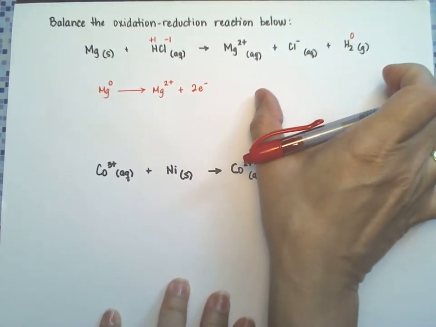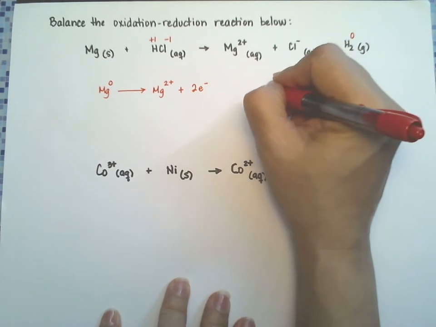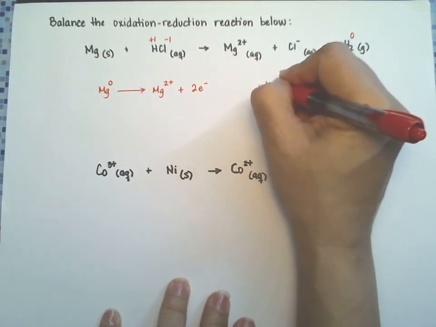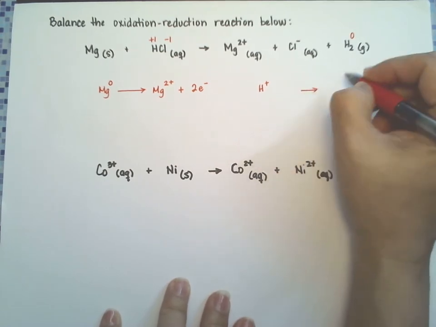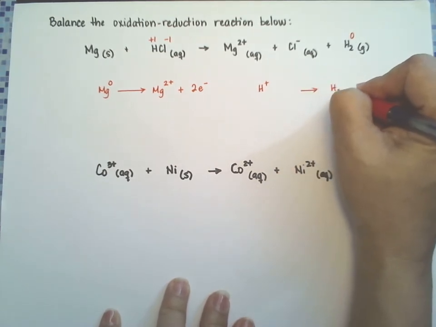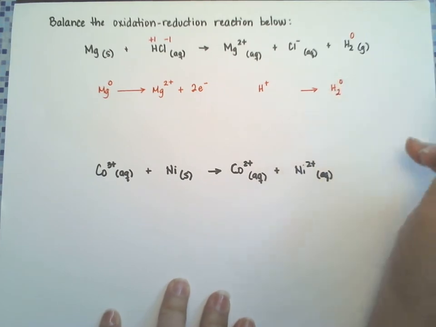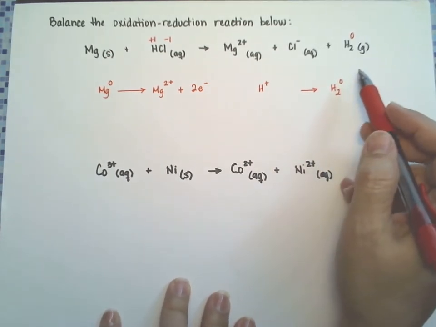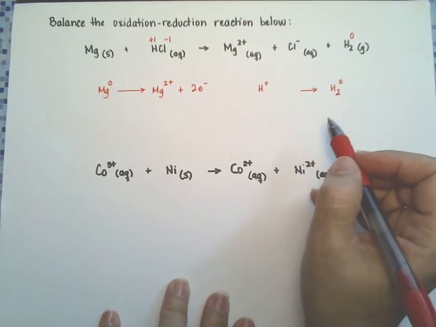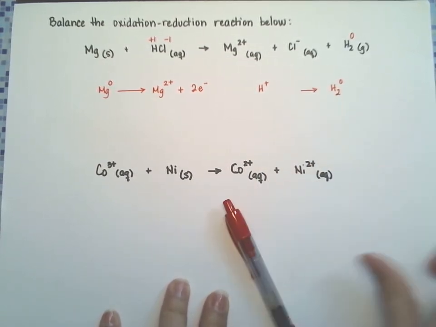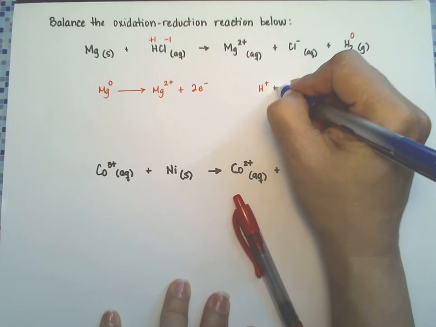So let's go ahead and write down what happened to the hydrogen. The hydrogen was a +1 right here, and it got reduced. We'll talk about that in a second. It got reduced to hydrogen 2. I am going to need 2 electrons for this, so I'm going to put them right here.